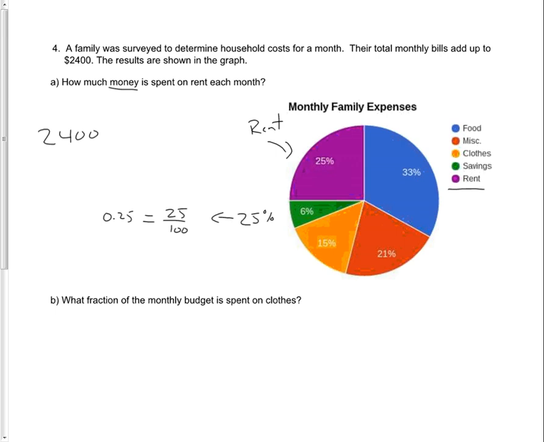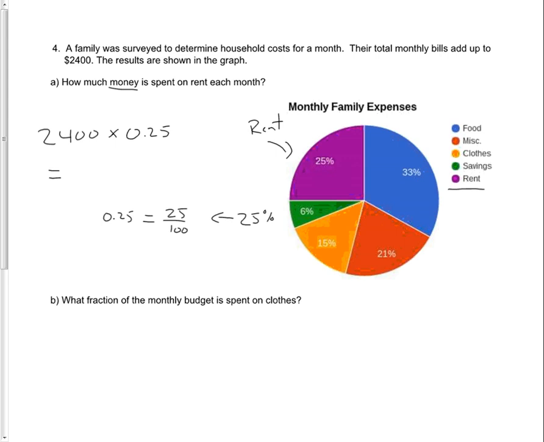So if I want to figure out what 25% of $2,400 is, I have to multiply that by 25% as a decimal. Well, as a decimal, 25% is 0.25.